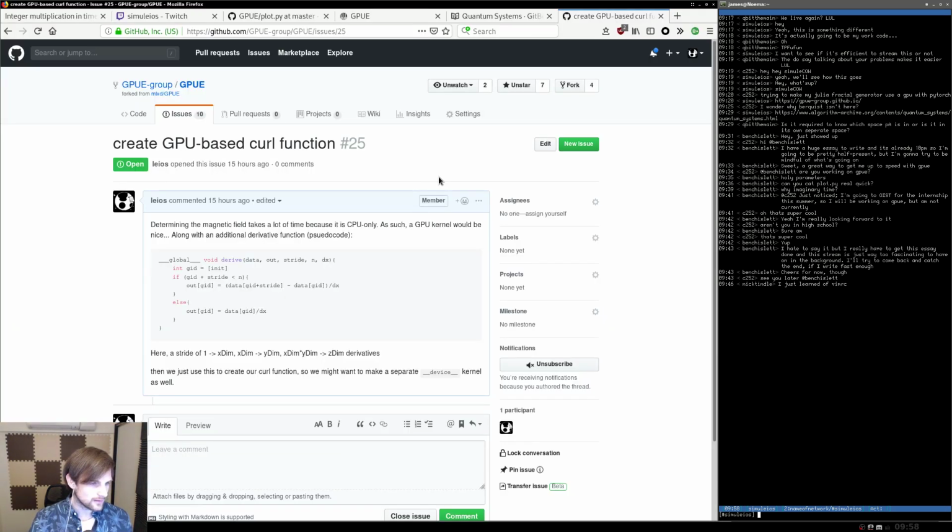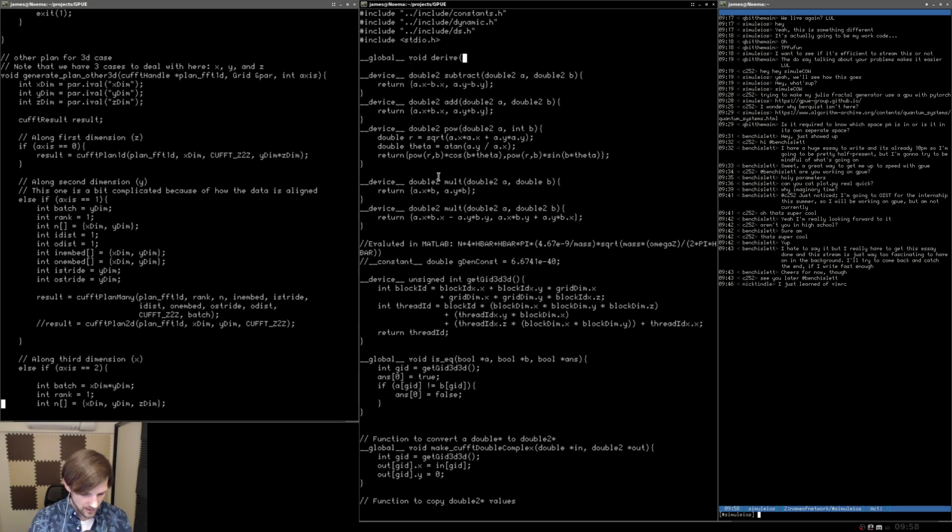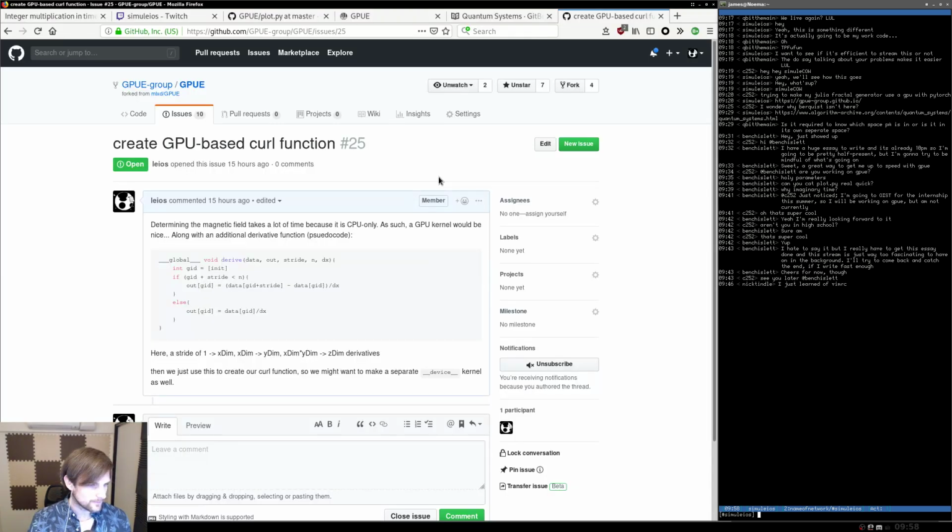And then we're just going to go in here. We're going to say data, output, stride, n, and dx. That's what we need. This is going to have to be a double 2-star, I believe. Is that going to be a problem? A double 2-star? In fact, no, it should just be a double star. So it should be a double star data, and then int stride. Then the next thing we need is the output data.